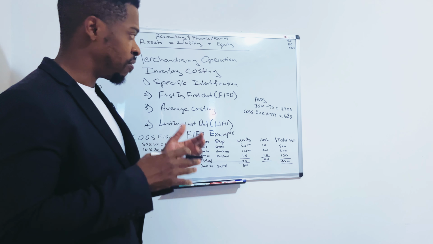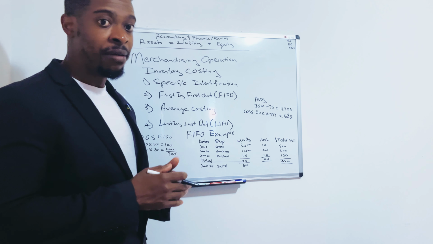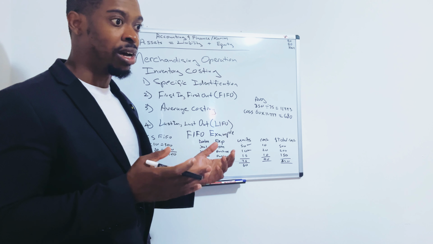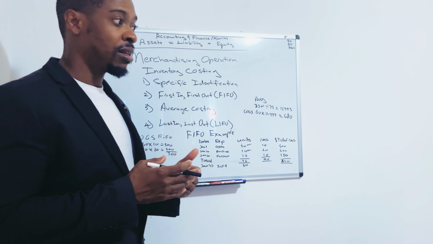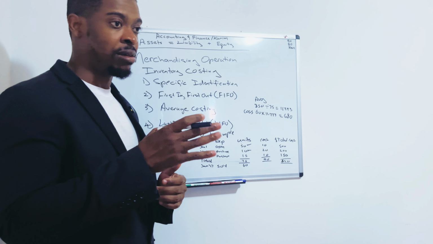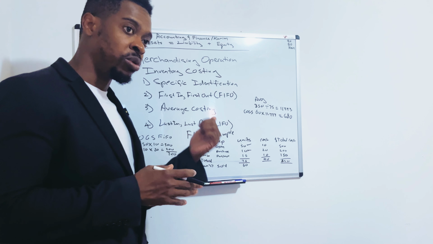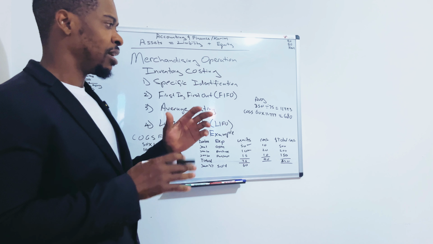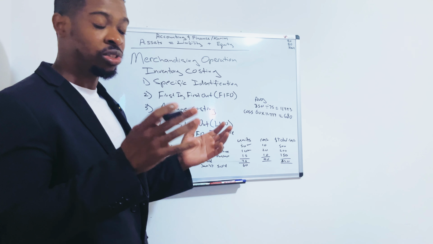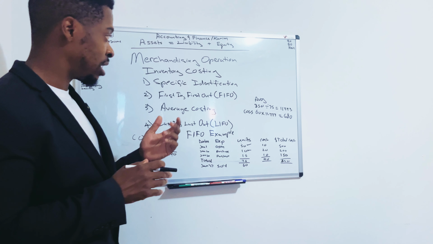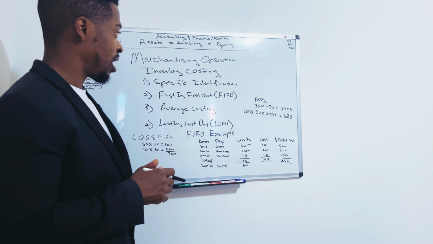So very easy. You purchased a Mercedes for $60,000 and you make a sale, you will have to allocate that amount, the 60,000, directly to your cost of goods sold. So they're very big items that you have, you can't really miss them. So that's a good example for specific identification.